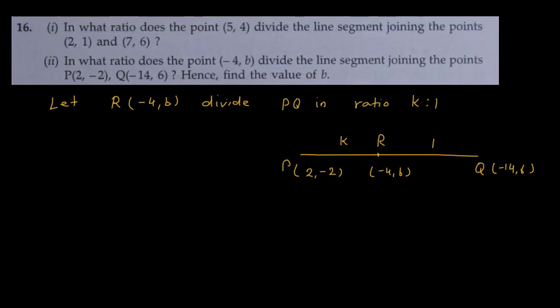So by section formula, -4 is equal to (k into -14 + 2 into 1) whole divided by (k + 1), that is (-14k + 2) divided by (k + 1).